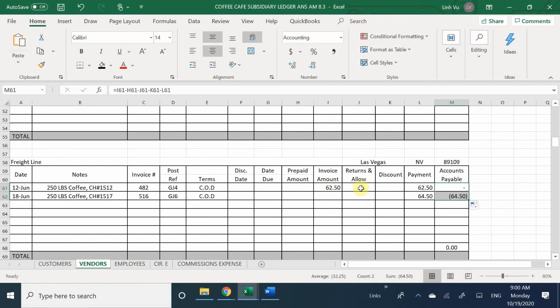Input the invoice amount. For how much? Same amount, 64.50. Good. We received the bill, then we paid it immediately. So therefore, I owe nothing. Okay.